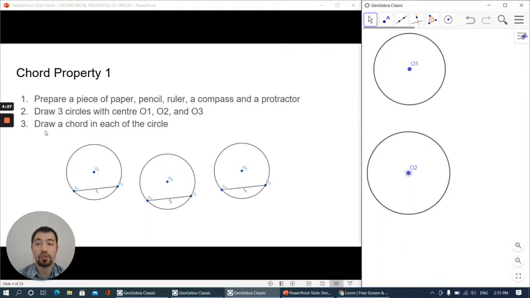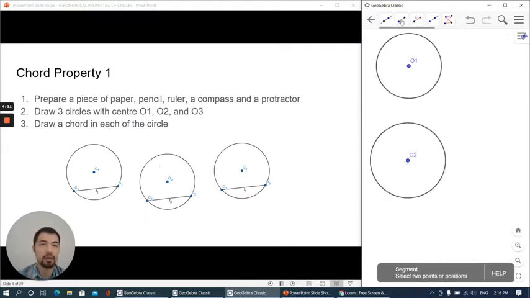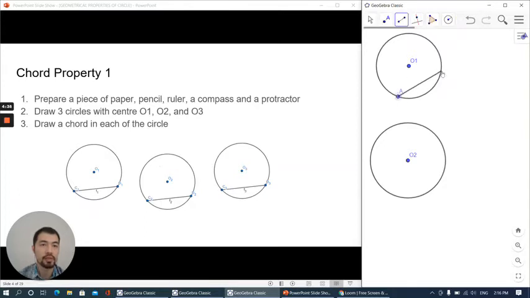We want to draw a chord in each of the circles, at any size. All right, is everyone done? Okay, let's continue.